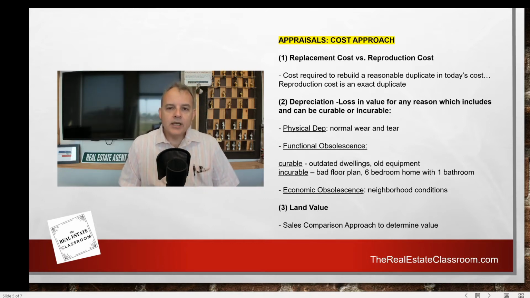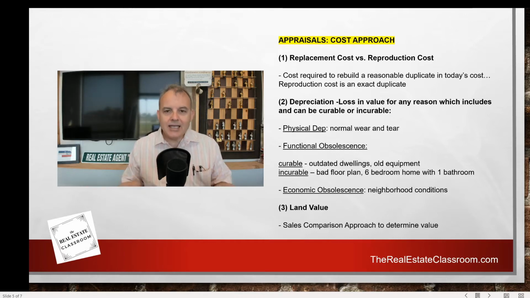The first one in our formula is replacement cost. Now, notice I have replacement cost versus reproduction cost. Reproduction cost is the first time we've talked about this term, and you have to know it. So, most cost approach to appraisals takes into consideration replacement cost.